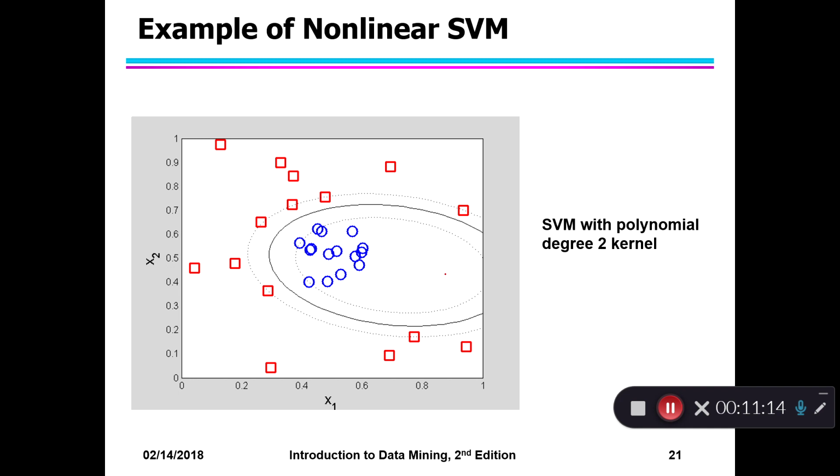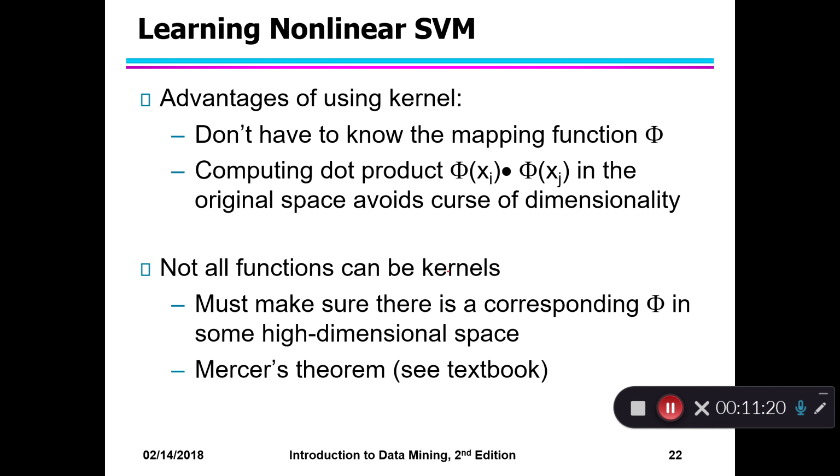This is another example of a nonlinear support vector machine. The advantage of using this kernel is we don't have to know the mapping function phi, and computing the dot product in the original space avoids the curse of dimensionality.